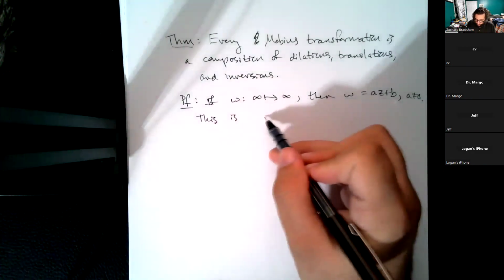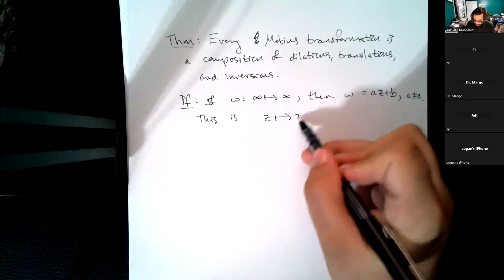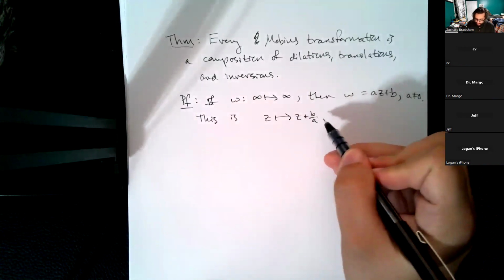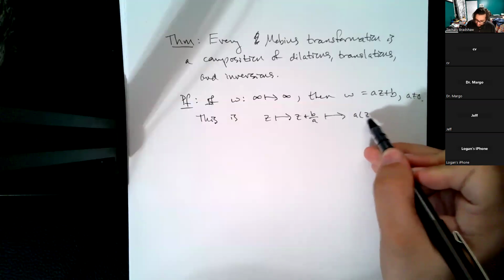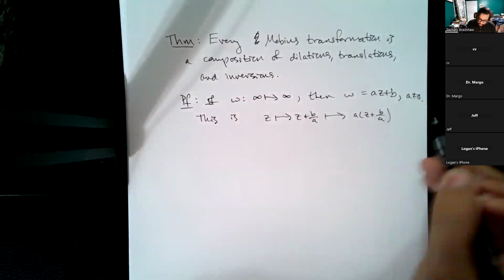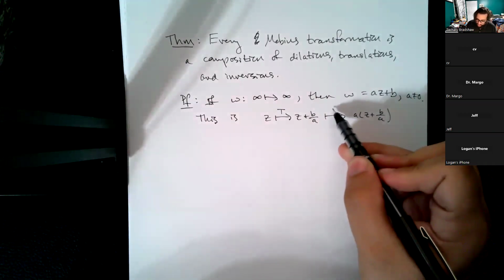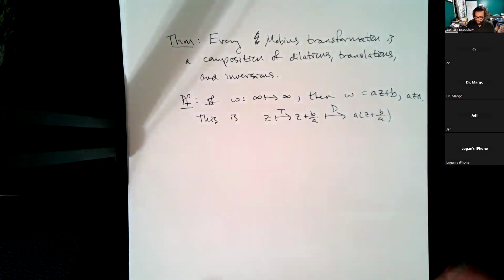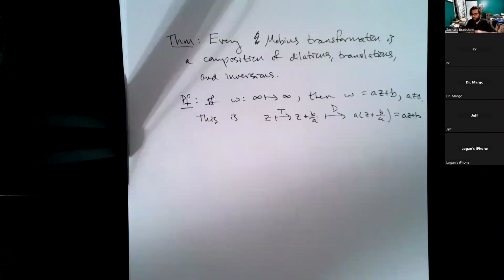How do we get this? We map z to z plus b over a, and then we map that to a times z plus b over a. This first guy is a translation, and the second guy is a dilation, and that's just equal to az plus b. Okay, so checks out.